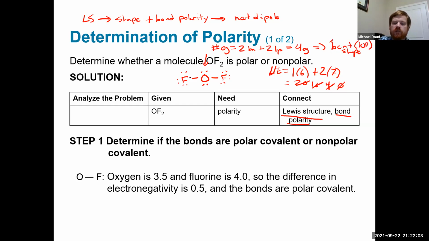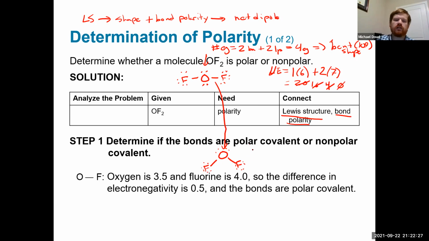So in other words, if we were to go ahead and draw this molecule, we'd want to draw it something like this. We have O, F, F. And we can put in the lone pairs there if it helps. All right, so there's our OF2. Great.